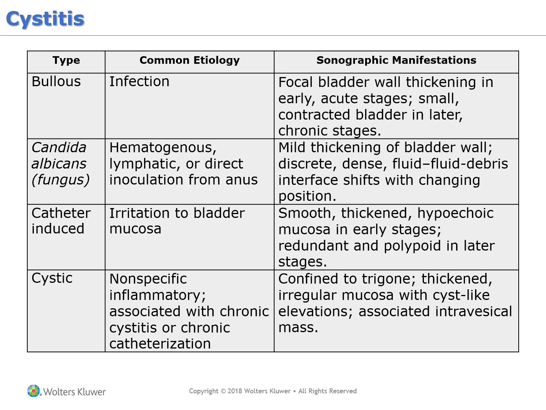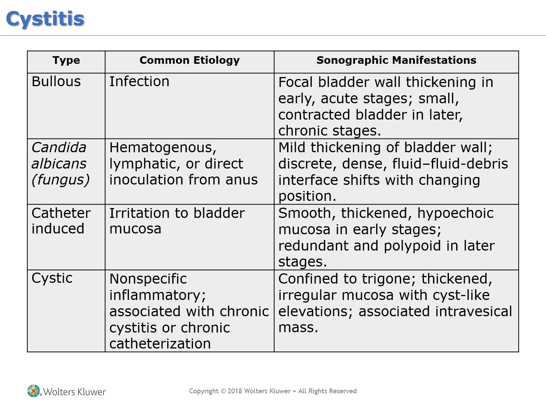Candida albicans, that's a fungus. It could be hematogenous, meaning coming through the blood system. It could be delivered lymphatically through the lymph system, or from direct inoculation from the anus. So it's introduced directly from the anus, typically into the urethra and then into the bladder.